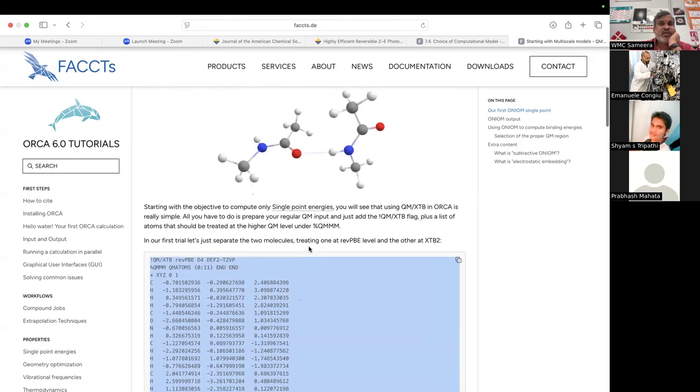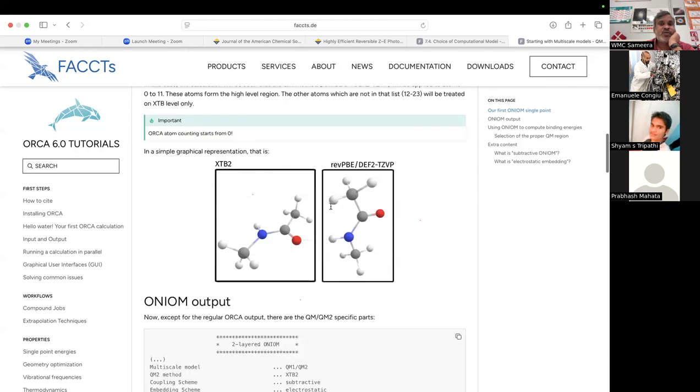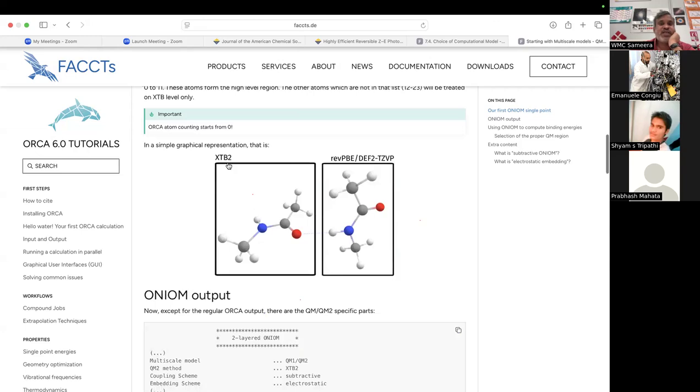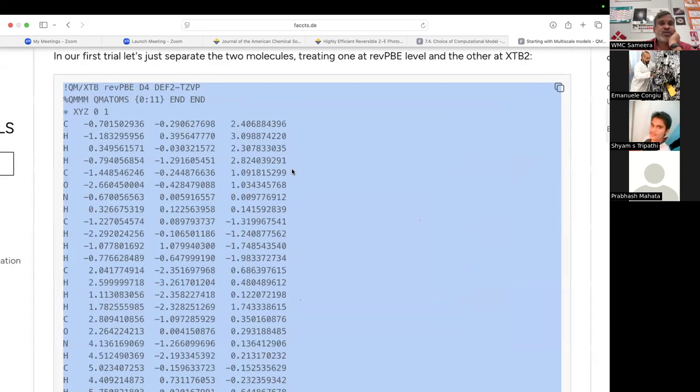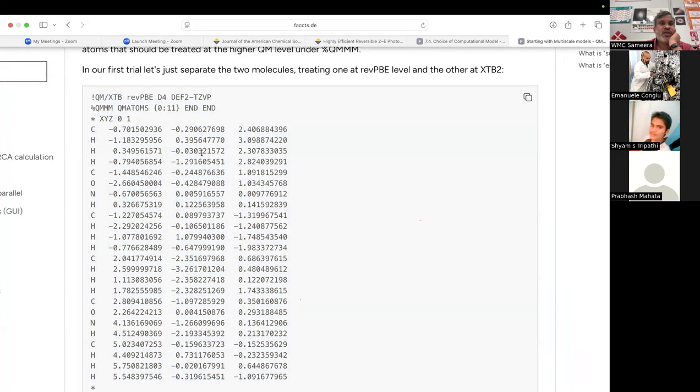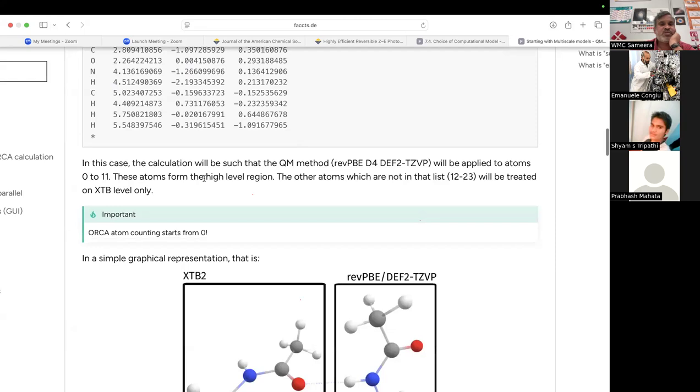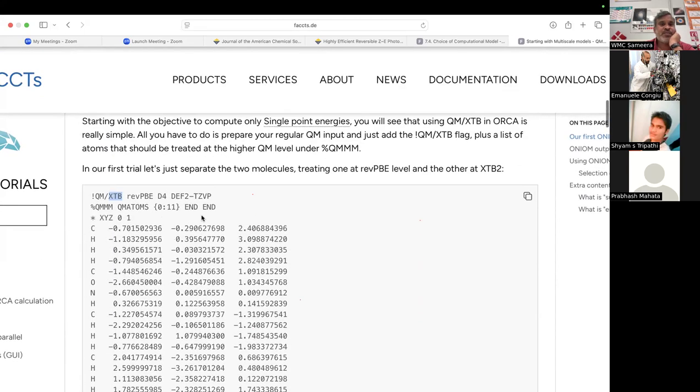In here, this part we define using the XTB2 method. Okay, so here we have the XTB method. This must be XTB, so we will check it later. And then we have DFT with dispersion corrections and basis sets for the other method.